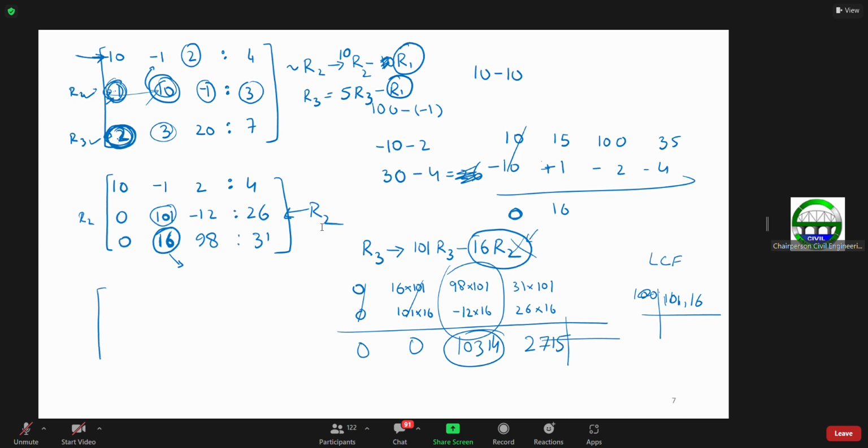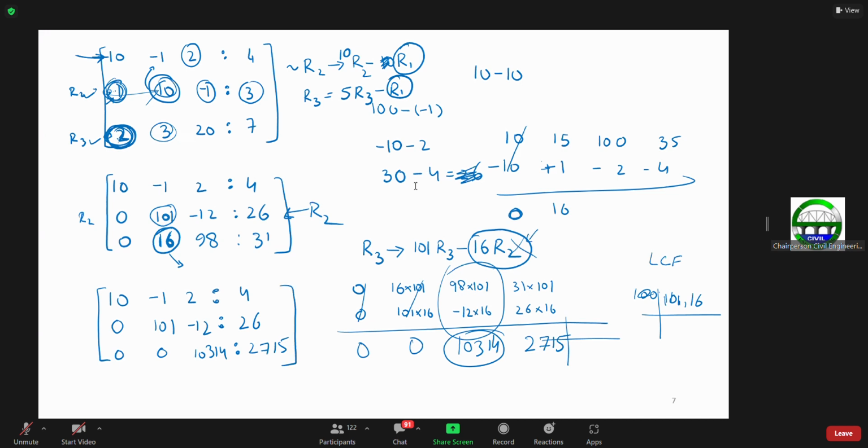So my this one will be 10, minus 1, 2, 4, 0, 101 minus 12, 26. Then this 0, 0, 10314, and 2715.